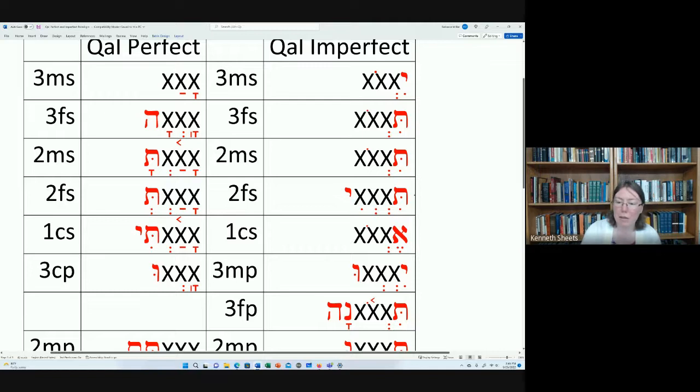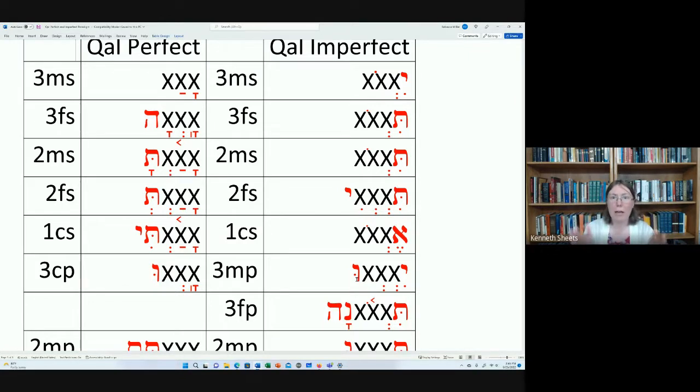Both of them have the yod on the front, but only the plural has that shureq, that U class vowel. So this is one of those ways that we're really going to be able to tell the difference between the third masculine singular and the third masculine plural.